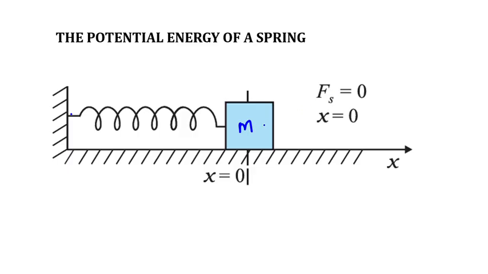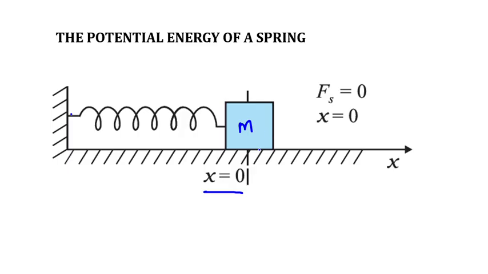Starting with the initial situation, when this spring is relaxed, meaning neither elongated nor compressed, there is no spring force acting on this block. Let's say that situation is x equals 0, the position we are taking as x equals 0.